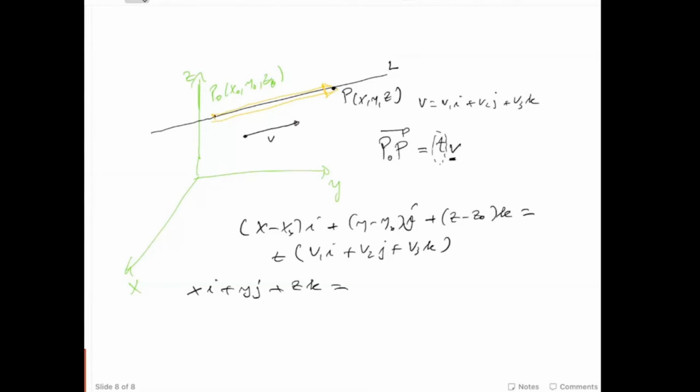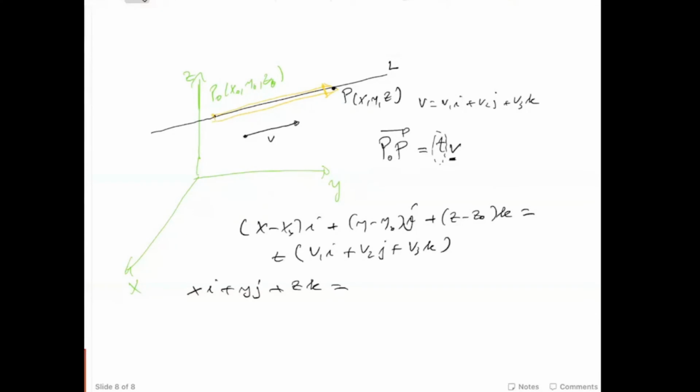That is why the vector P0P can be written as a scalar multiplied by V, to indicate that they are parallel, meaning they have the same direction, but the difference is in the magnitude.